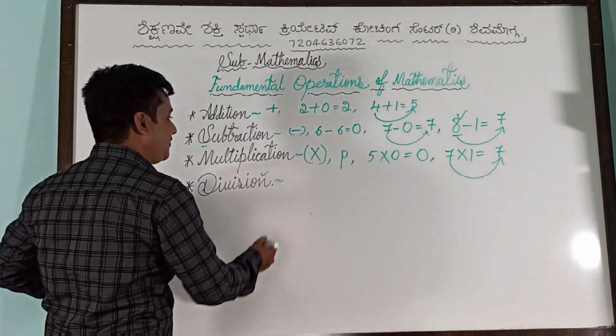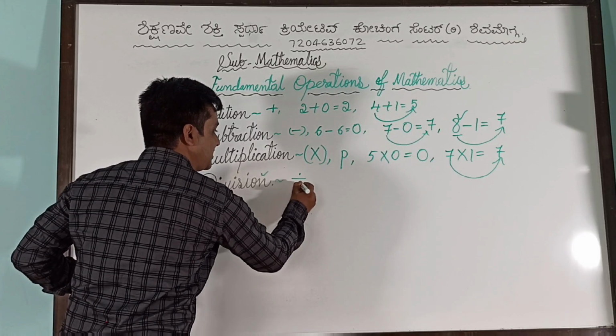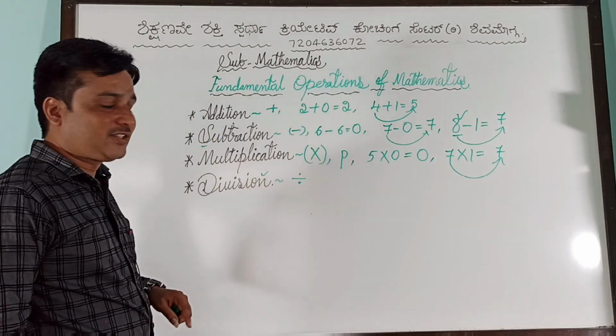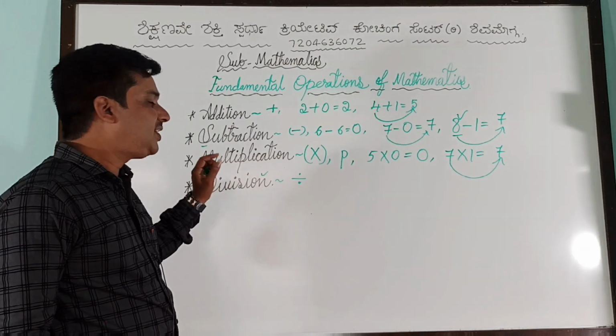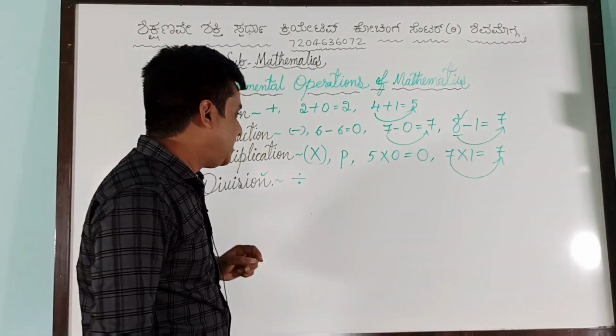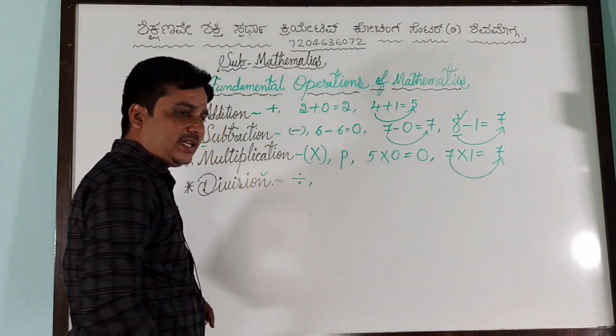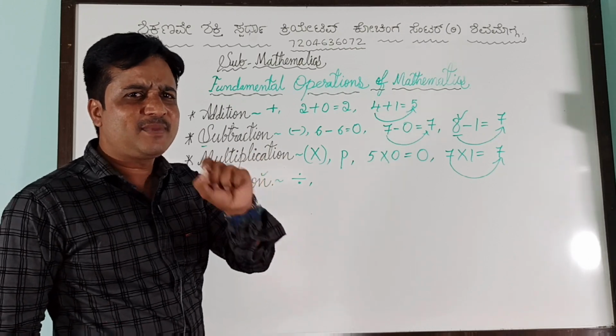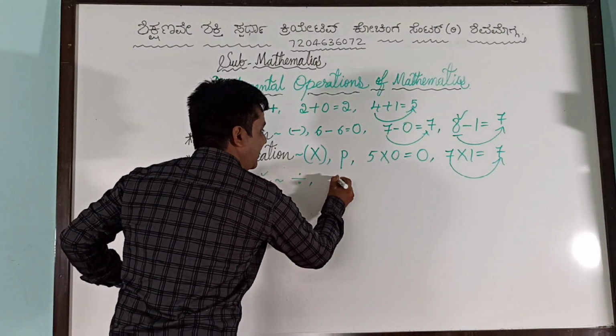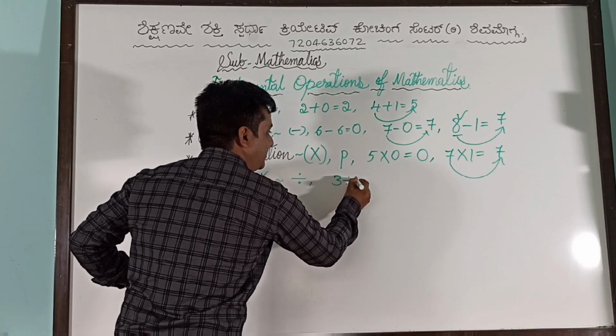Okay, the symbol of division, we know this is the symbol of division. Here also in division some properties are there. Let's learn. The first property says any number divided by the same number. For example, see here 3 divided by 3.